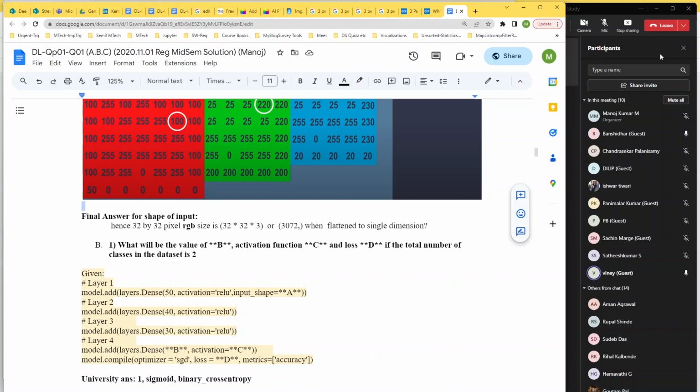So generally what happens is there is an input layer, and then there are hidden layers. Hidden layers try to tease out more complex relationships, right? So you can think that the 3072 nodes, each one of them will get connected to 50 nodes of the first hidden layer.